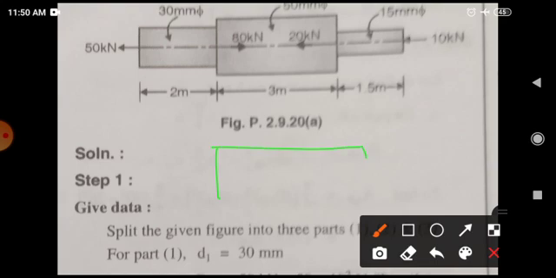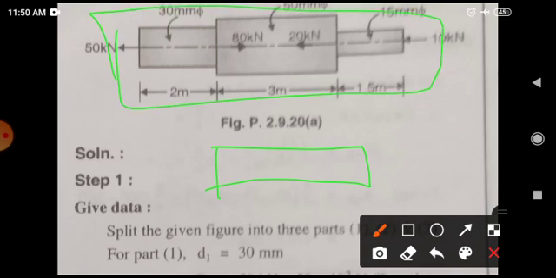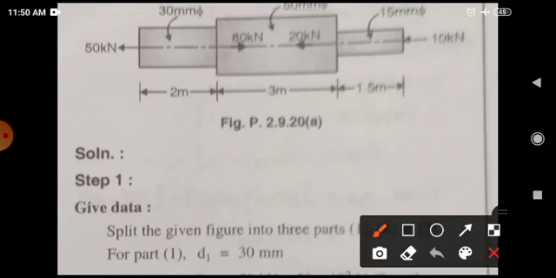First thing, this total body is in equilibrium. That means total forces from the right equal those from the left. You can see here the load on the right member, let this be first, this one second and this one third. Let me discuss this first component.